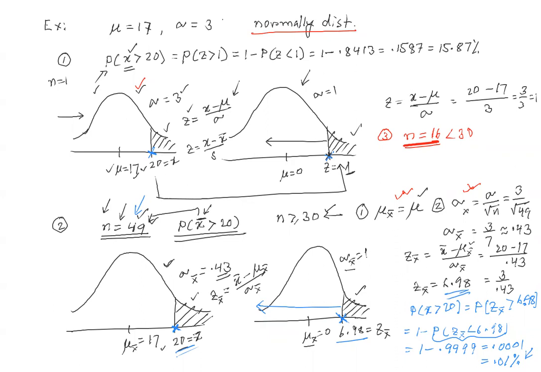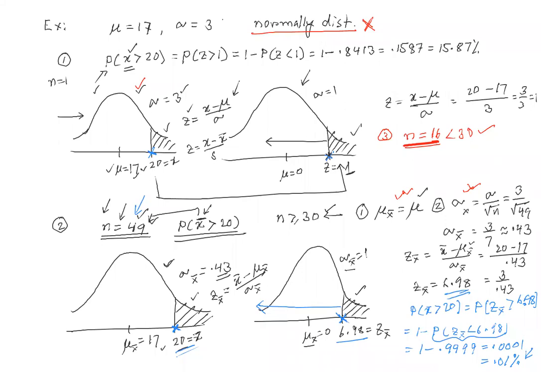However, had I not given you this condition, and told you we don't know anything about the normality of the population, then you'd say, sorry, we cannot do it, because the sample size n is 16, which is less than 30, and the population is not known to be normal.